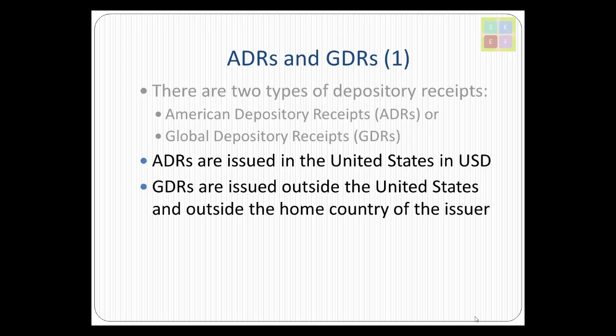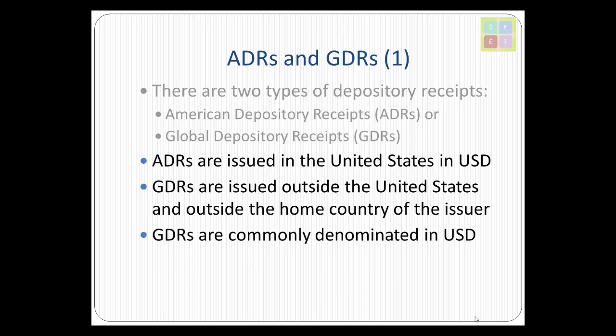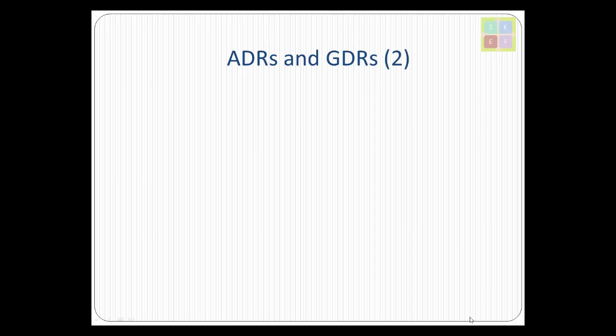GDRs are issued outside the United States and outside the home country of the issuing company. It's important to keep in mind that although GDRs are issued outside of the United States, they are commonly denominated in US dollars.